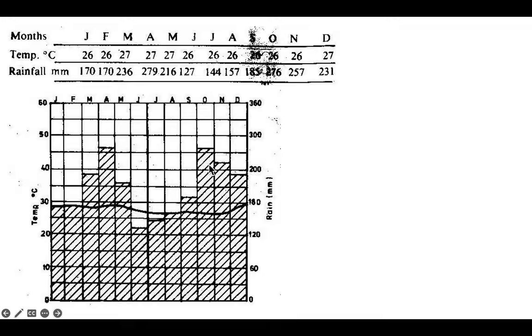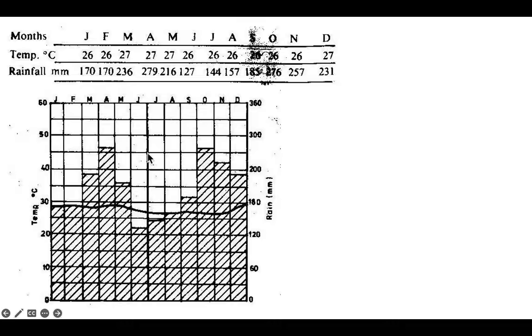There is heavy rainfall, which in October is 276. Even though this isn't very clear, it is 276, where it picks up, and then it gradually lowers to somewhere around 231. So these are some of the rainfall patterns, and this is just approximate.